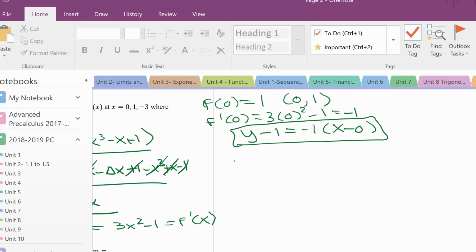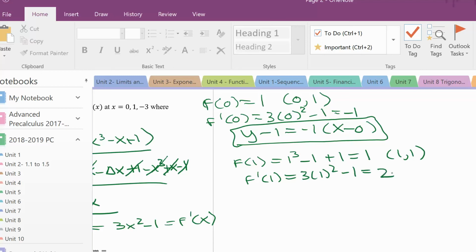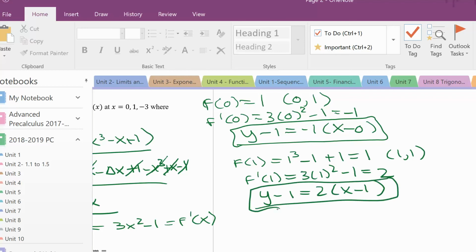Now at 1, well, f of 1 is equal to 1 to the third minus 1 plus 1, so it's equal to 1. So that means the coordinate is 1, 1. And then the slope, so f prime of 1 is 2. So now you write your equation, y minus 1 equals 2 times x minus 1. So that's the equation at 1.